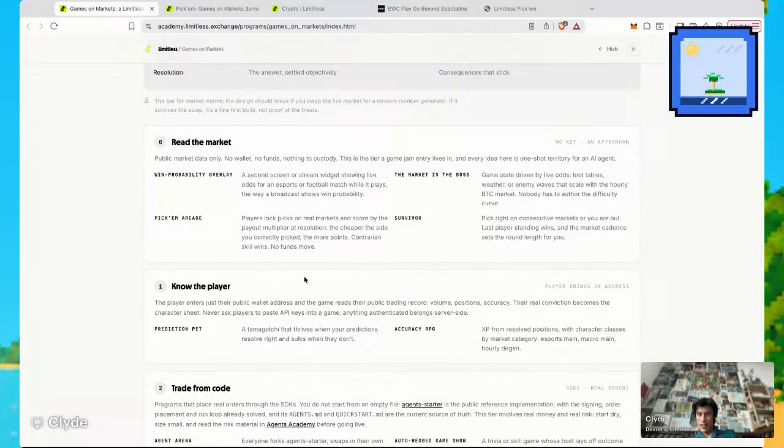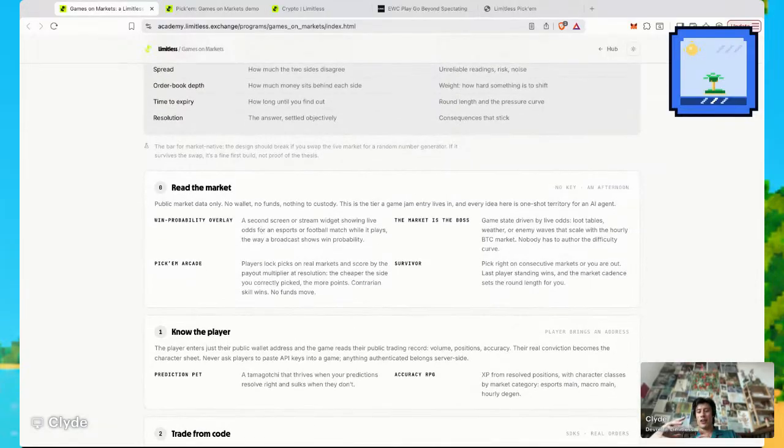Right, and so the next tier after just accessing this public market data would be one where you enter your wallet address and you're actually, personally using your conviction to trade on Limitless with different volume positions and accuracy. And this is actually where your conviction becomes really relevant.